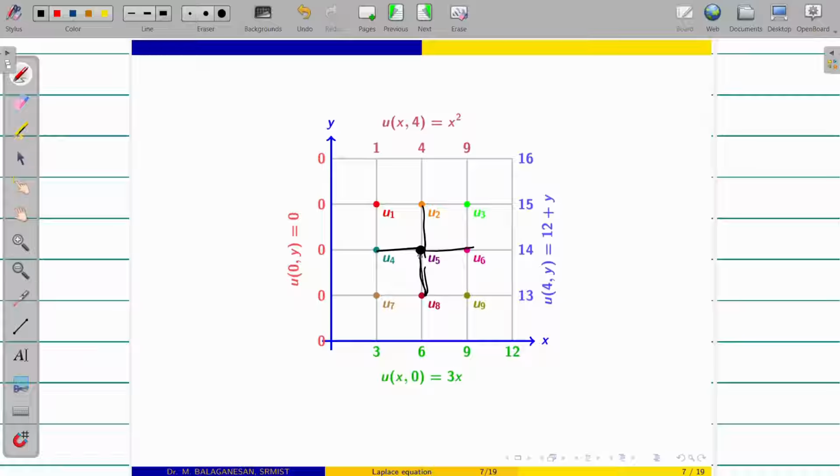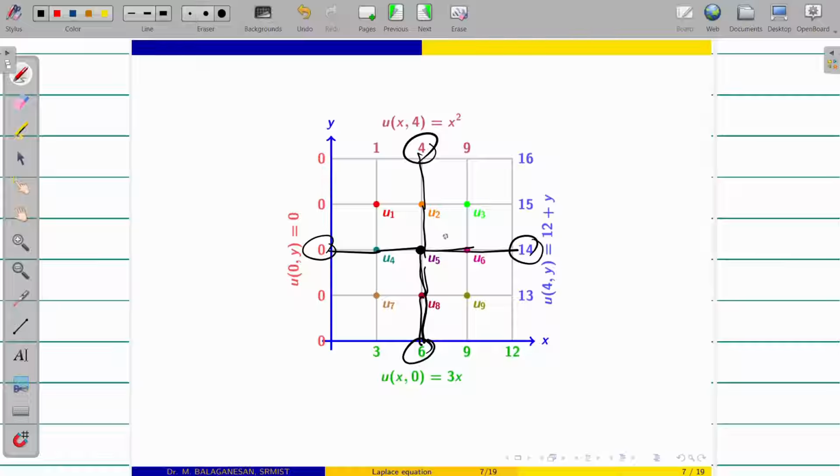That's why for the initial process, I'm going to extend the lines up to the end, because there I have the boundary values. So to find U5, I take the average of the four values 0 plus 14 plus 6 plus 4. Is it clear? In the initialization only we do like that.